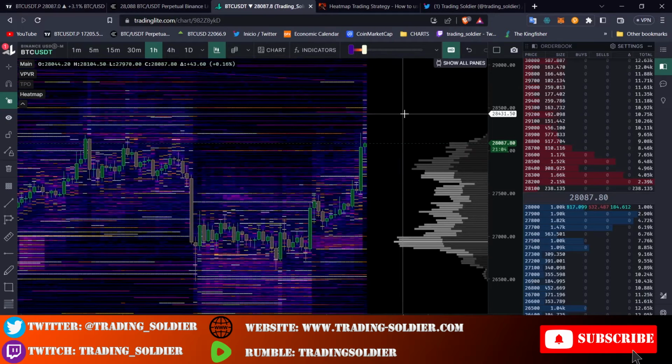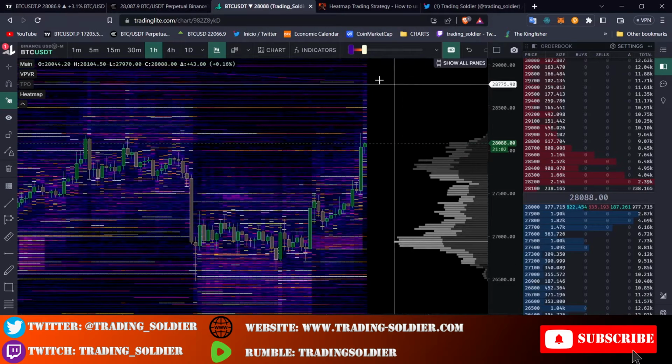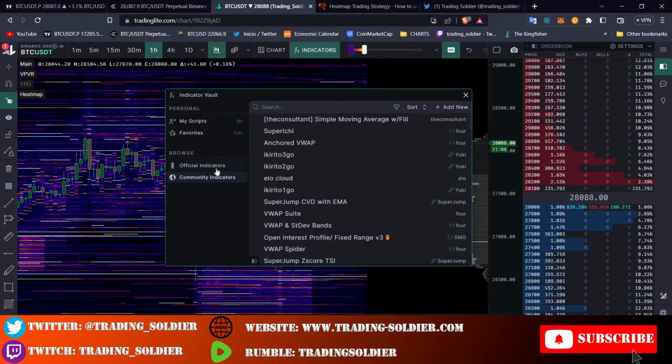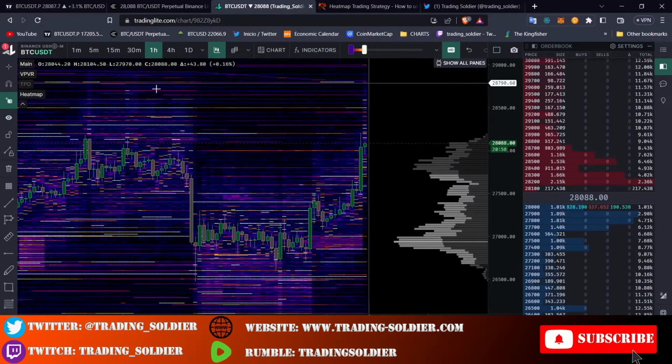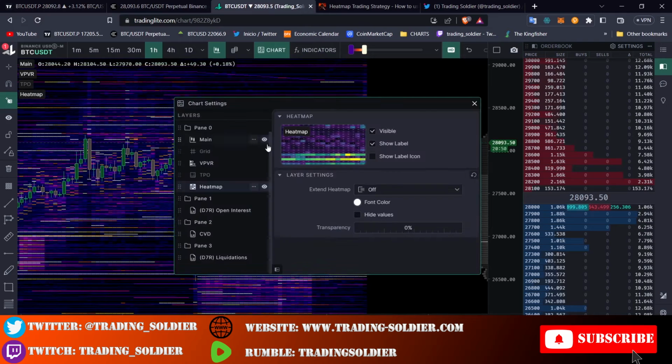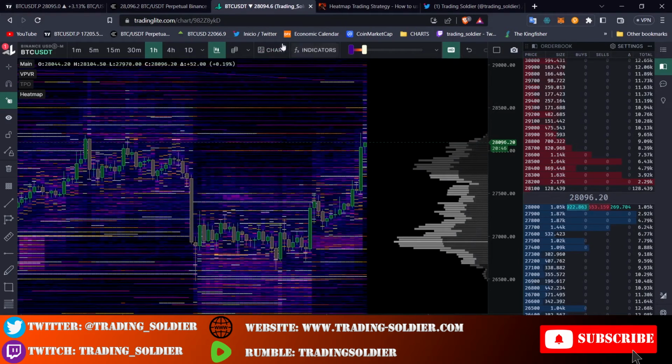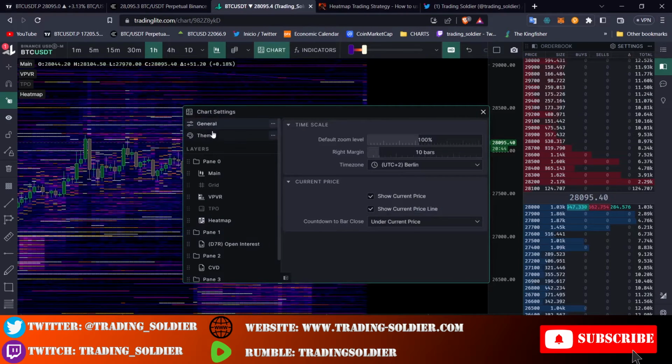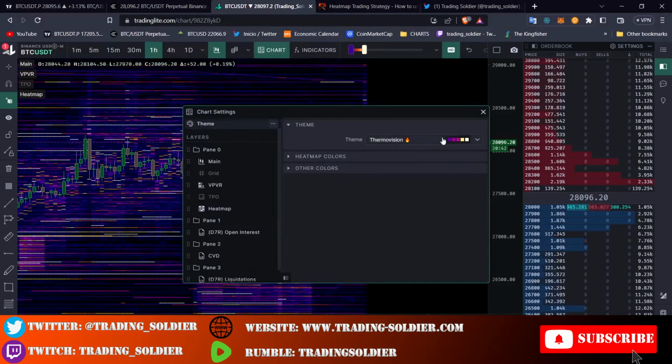So once it's set up, you can select or customize the features of the heat map. You go here to the left and click on the second icon, settings. You go to chart and then theme.